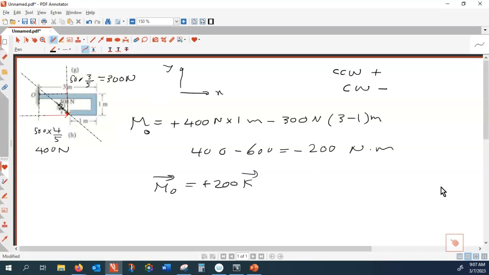So let me draw this one for you, three-dimensional. That would be X, Y, and the third one is Z. So you go from X to Y, positive Z. So that is 200K with this coordinate system. All right? All good? Are you sure?